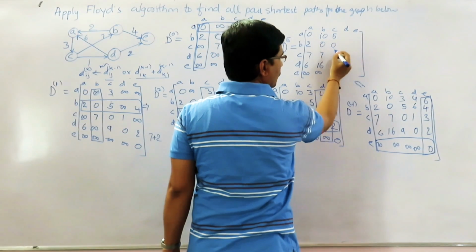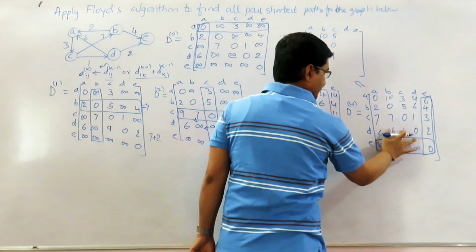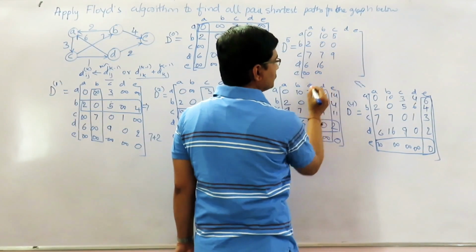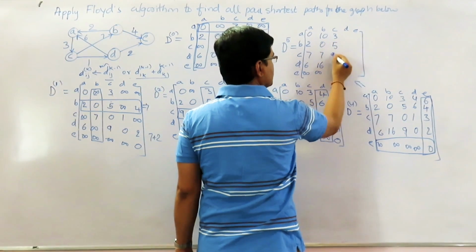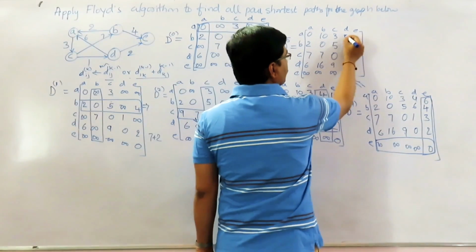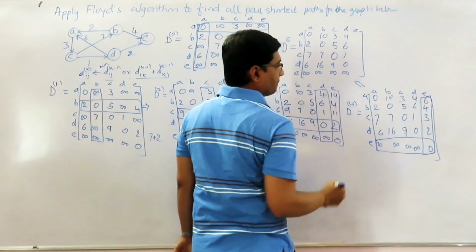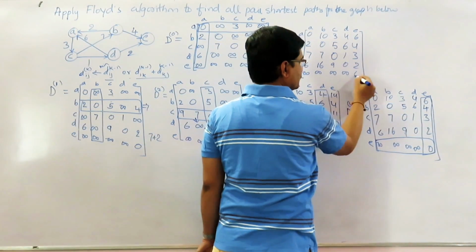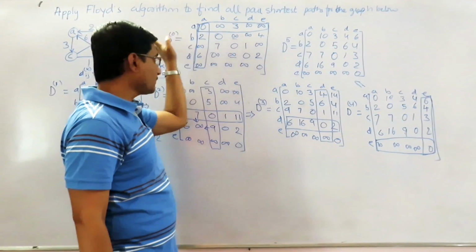Row C: 5, 0, then 9, 5, 0, 9... sorry, this is 3, 5, 0, 9 and infinity. Row D: 4, 6, 1, 0 and infinity. Row E: 6, 4, 3, 2, 0. So this is the final distance matrix what we get from this problem.